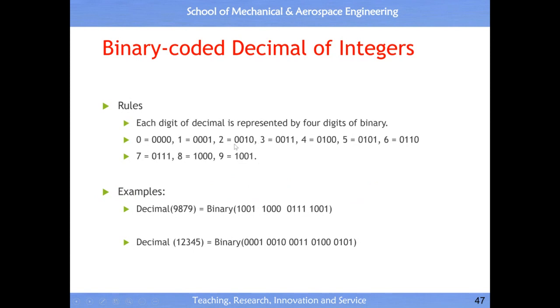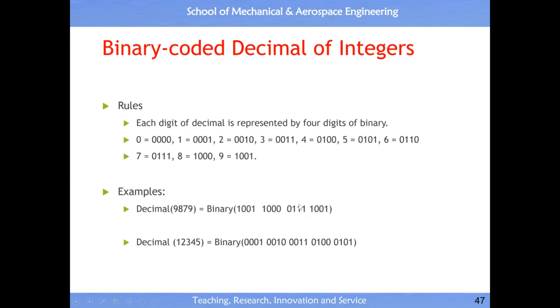We apply this rule, then use a series of 4 bits to represent each digit in the decimal number. For example, this is a decimal number, 9,879. Then the binary representation could be written in this way.